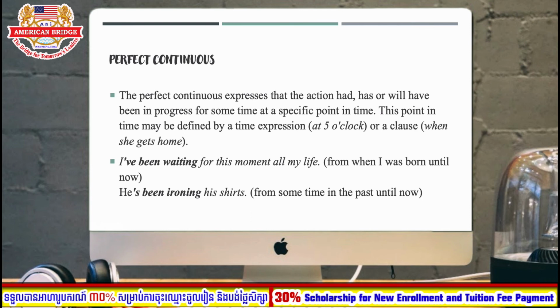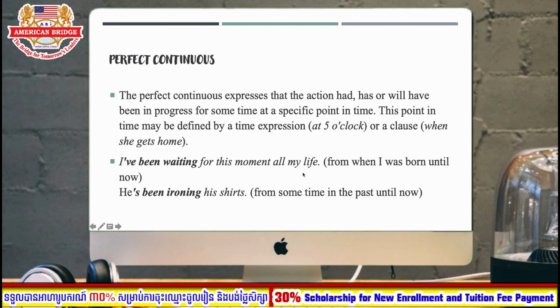So if you look at the examples that use the perfect continuous aspect here, I have been waiting for this moment all my life. Okay, so this example expresses the action that happened from when I was born until now, which is the specific point in time.